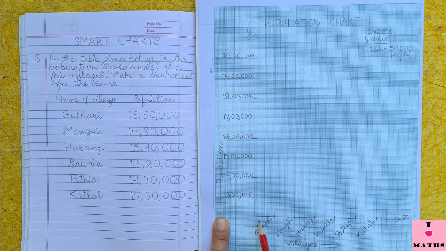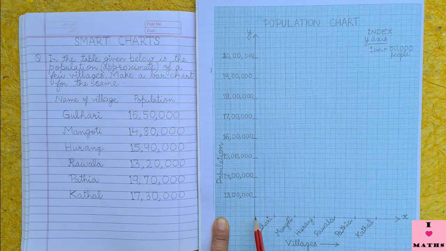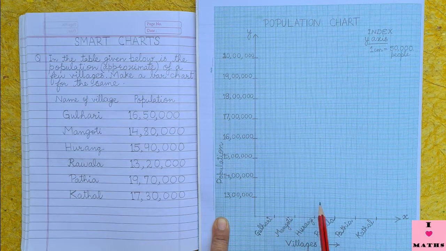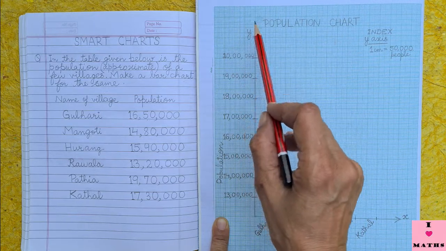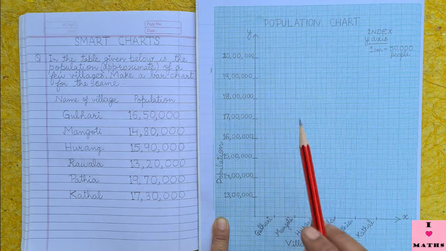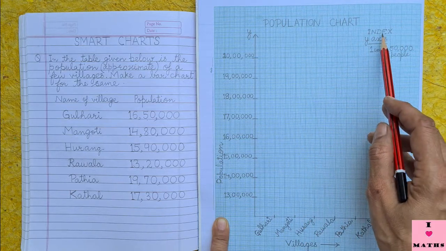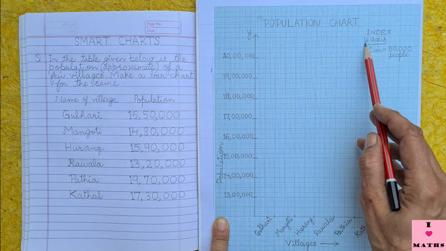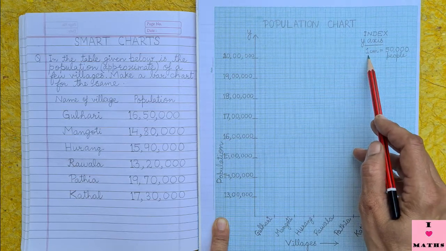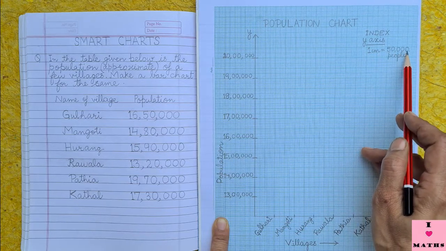And because all of them have different populations, I am going to plot the population on the y-axis. The name of this graph is population chart. Now this is the index. The index shows that on the y-axis 1 centimeter denotes 50,000 people.